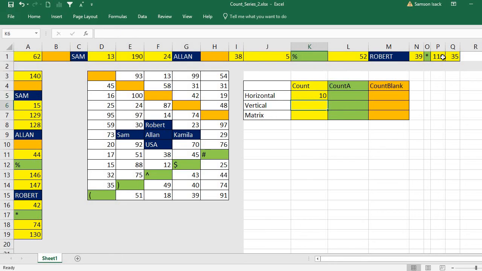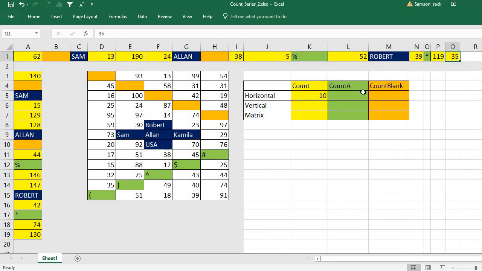Here it brings the horizontal range, and the total number of numerical values in it is 10. Let's check how many cells contain numerical values: 1, 2, 3, 4, 5, 6, 7, 8, 9 and 10.